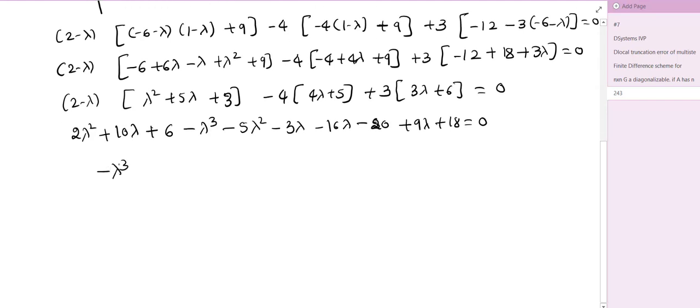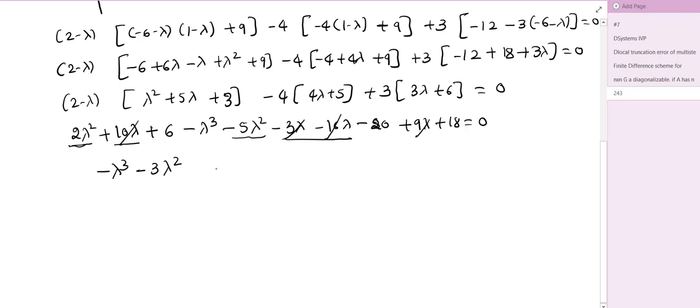Now minus lambda cube; you can see 2 lambda square we have here, minus 5 lambda square we have here, so this is minus 3 lambda square. And then 10 lambda, here it is minus 19 lambda and plus 19 lambda, so we cancel.